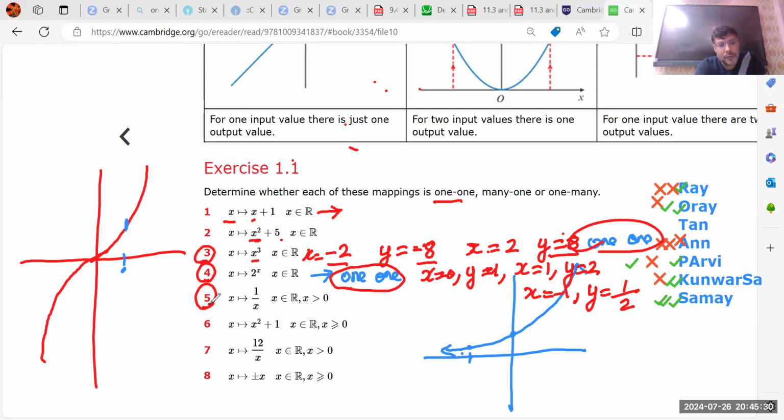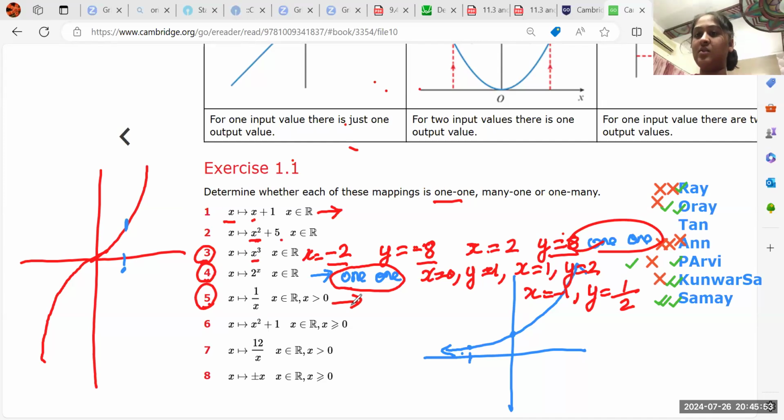What about the fifth one? Is it 1-1, 1-many or many-1? Anvi, please answer the fifth. What is my answer? Sir, it's 1-1.